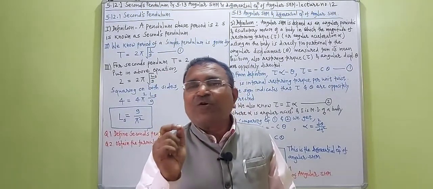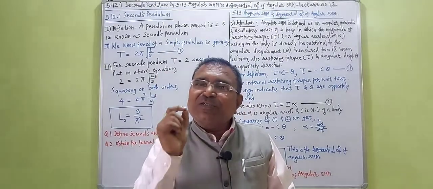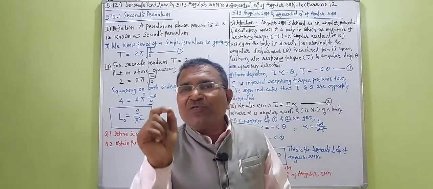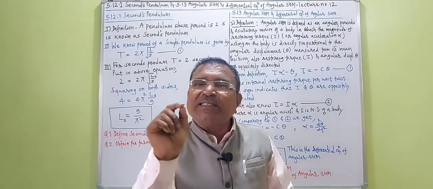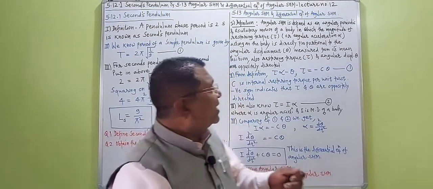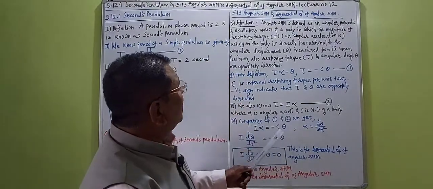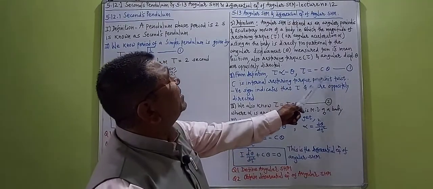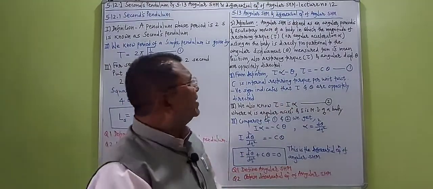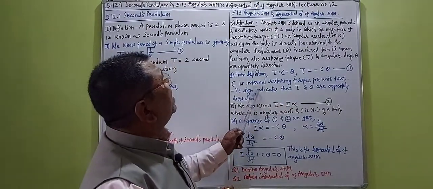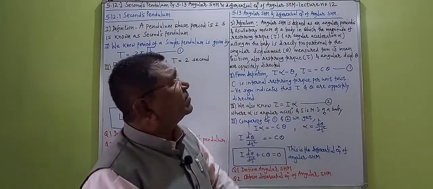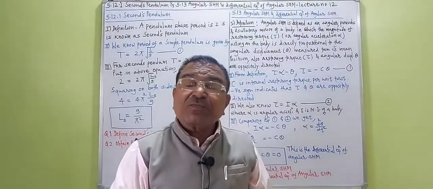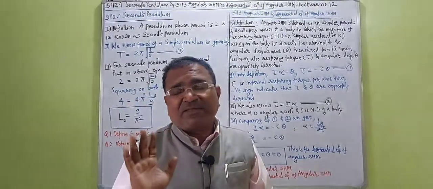So, the first formula we got, tau is directly proportional to minus theta. That means tau is equal to minus c theta. That c is a proportionality constant. That c is called internal restoring torque per unit twist, or it is also called torsional constant.